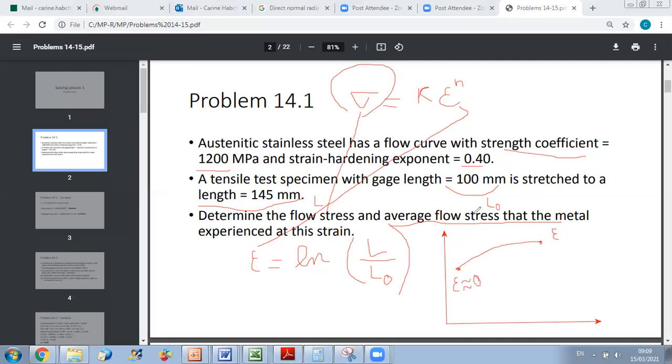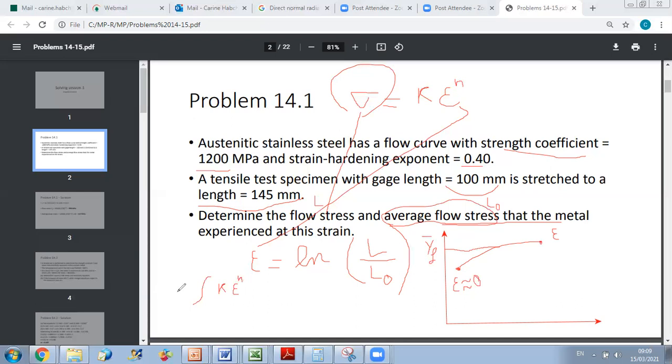If I want to find the average flow stress, Y average, I can do it by integrating this function. To find the average value of f, I can write it as the integral of K epsilon to the power n over delta epsilon.